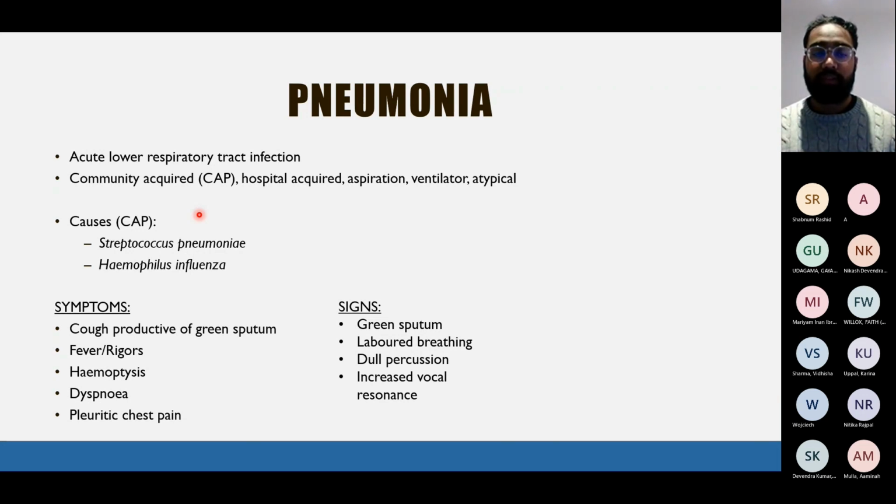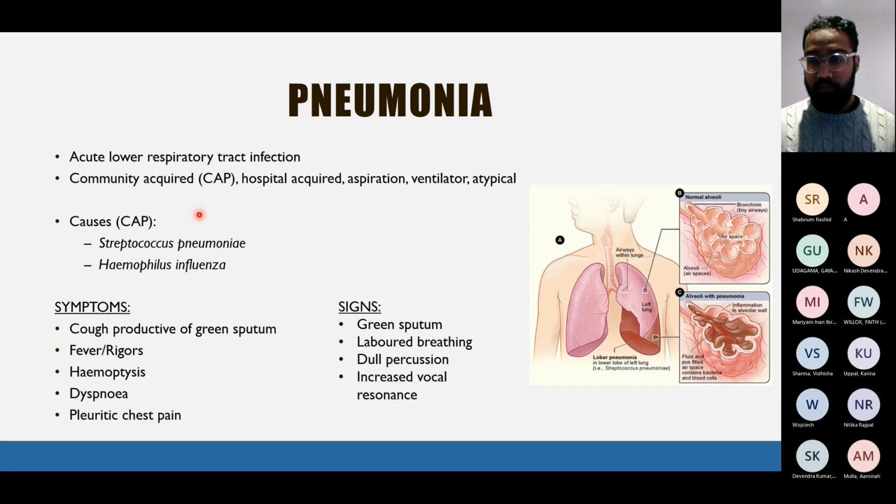Because the sound of their voice is conducted better through that semi-solid than it would be through air, we can hear an increased vocal resonance. Then dull percussion, because as we percuss, the sound waves are absorbed more by all of that gunk inside, so less sound comes back. And so that's what it would look like, all of this fluid in here in the alveolar spaces.